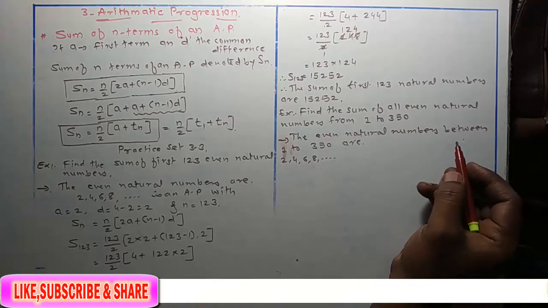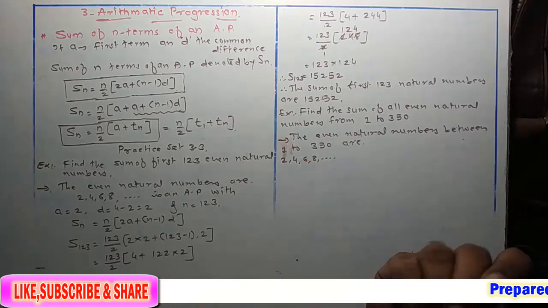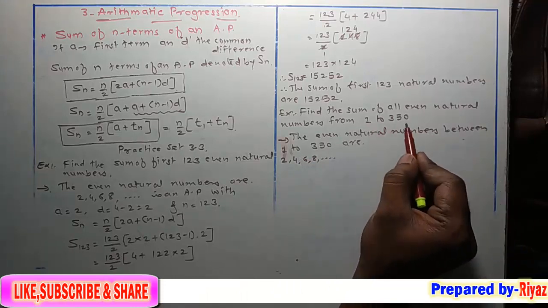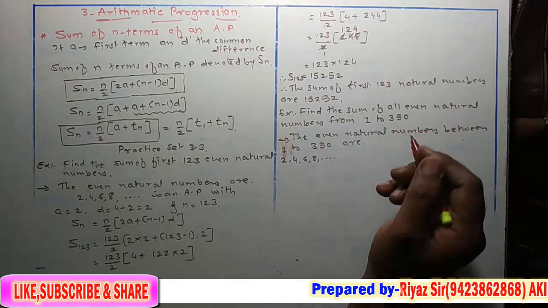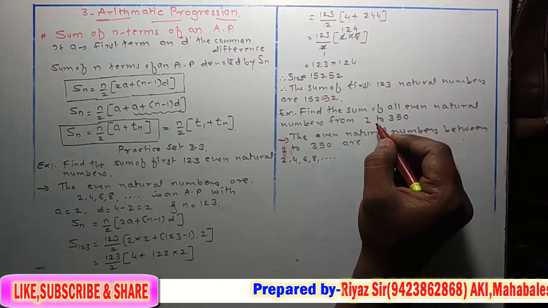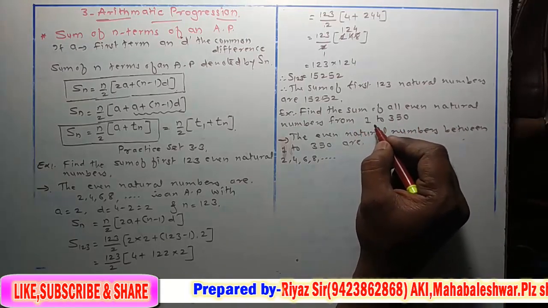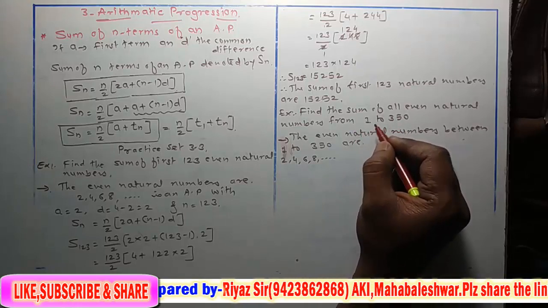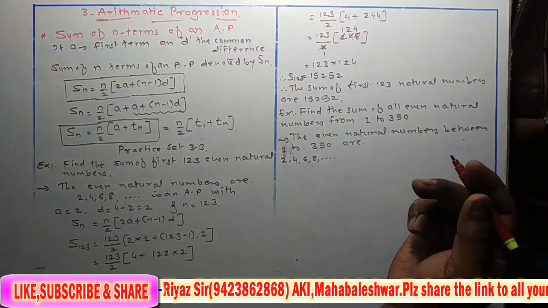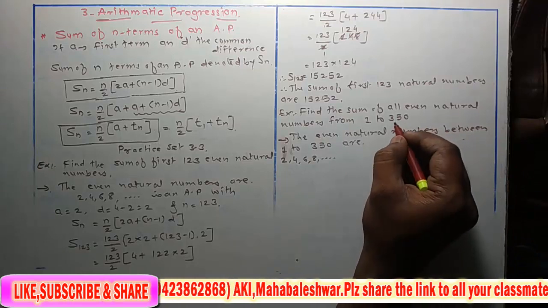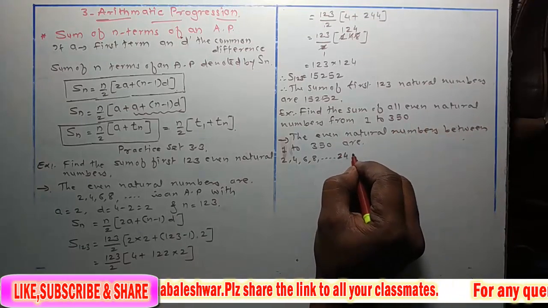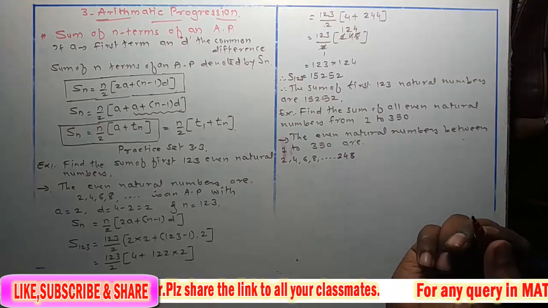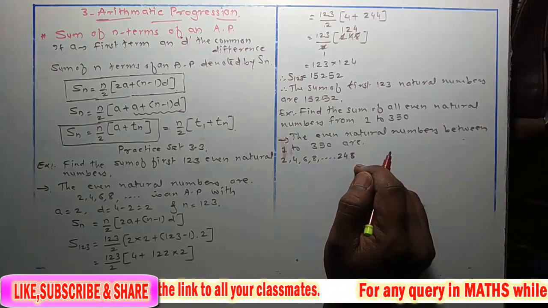Now we have to consider the even natural numbers between 1 to 350. 350 is also an even natural number, okay, agreed, but we have to consider the even natural numbers between 1 and 350, so we can't consider this 350, we take the last number as 348. Remember this here in this example.